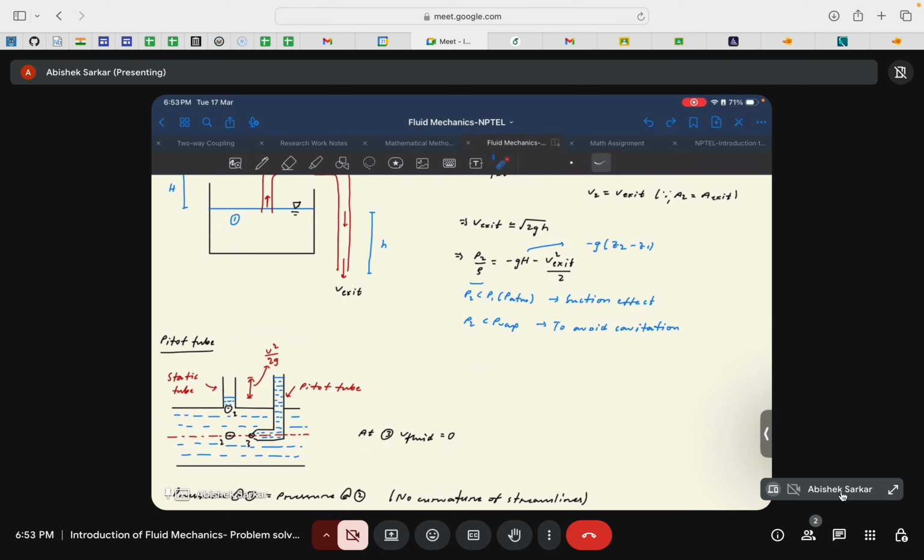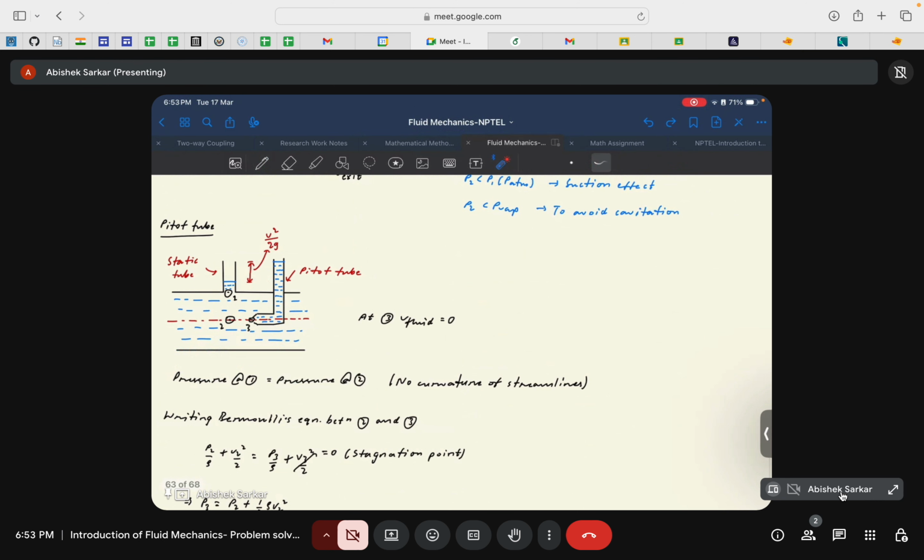If P2 is lesser than the vapor pressure of the fluid for the given conditions, then it may cause cavitation. It's just a one-liner topic for now. If required for thorough discussion, maybe you can put that in the discussion forum, but I don't think it would be asked as an extended question in the exams, though it can be remembered as a one-liner conceptual statement.